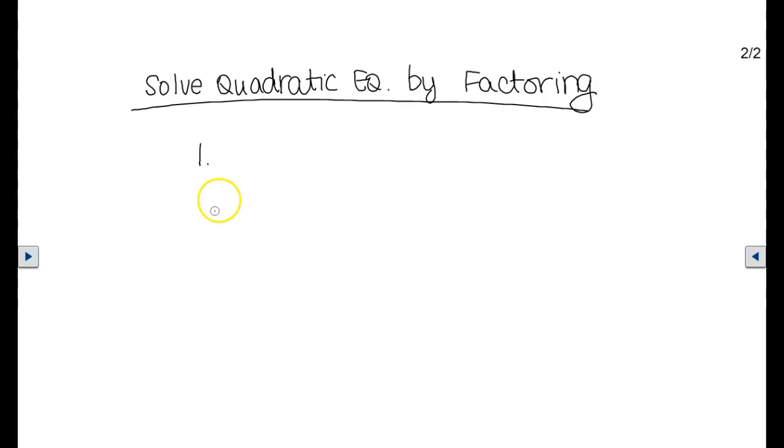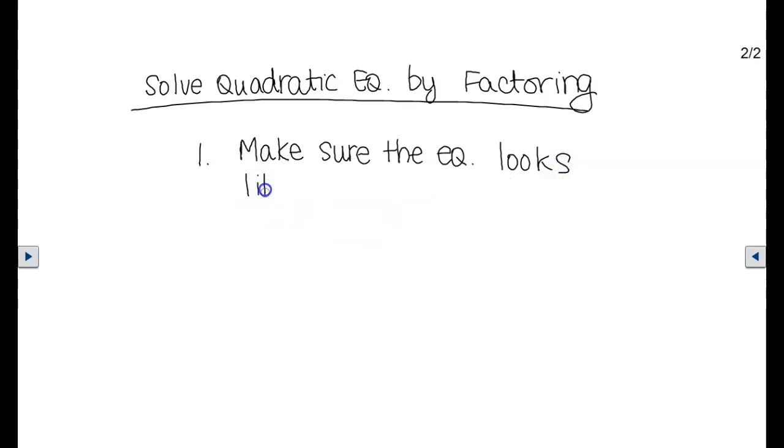All right, when you're solving a quadratic equation by factoring, the first thing that you want to do is make sure the equation looks like ax squared plus bx plus c is equal to 0.